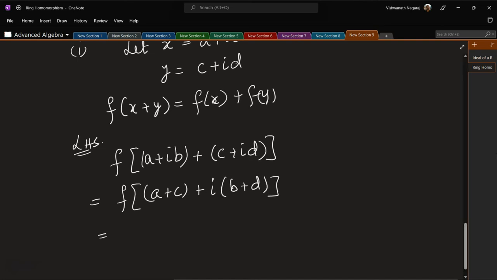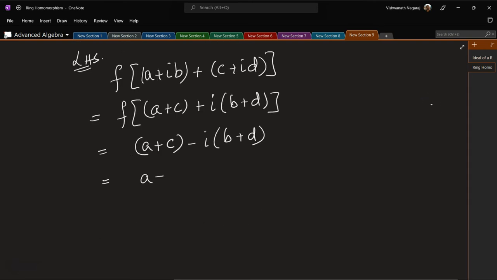And now we actually apply the function. When we apply the function, what does it do? It gives us its conjugate. Its conjugate is what? a plus c minus i times b plus d. Now let's simplify this by opening it up. a plus c minus ib minus id.